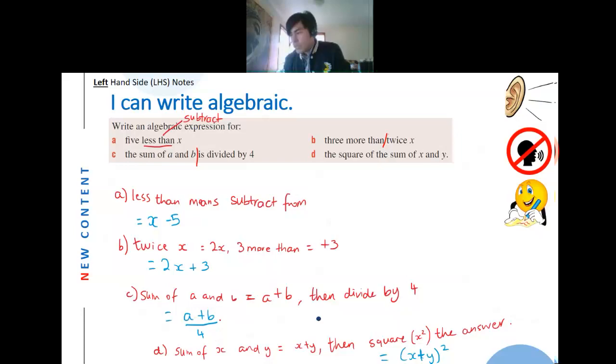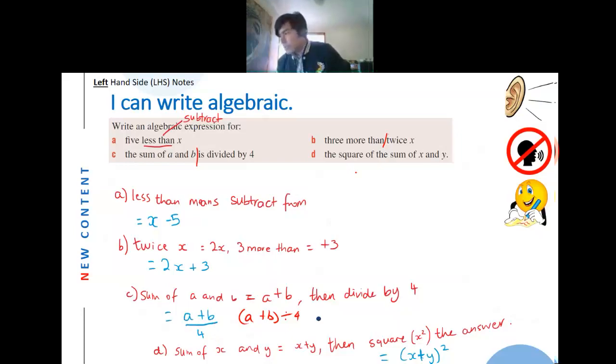So now you can write this as a plus b in brackets, okay, because the whole sum, the whole total of a and b is divided by 4. Or you can write it like this as well, a plus b over 4. a plus b all over 4.